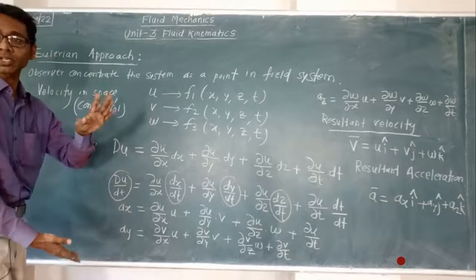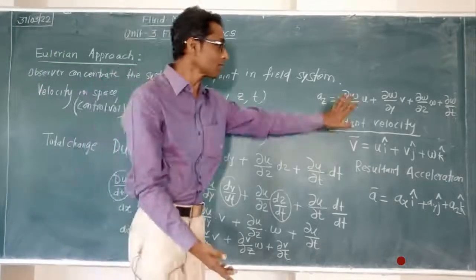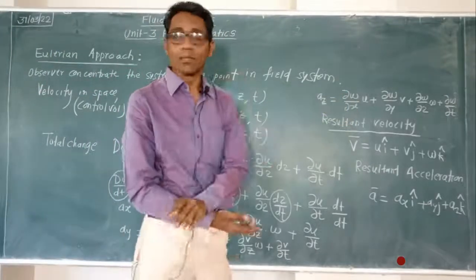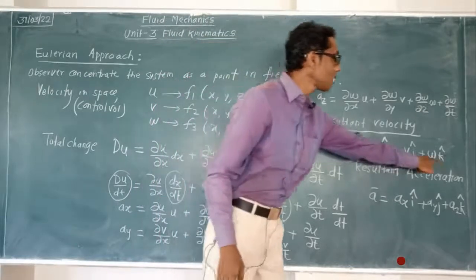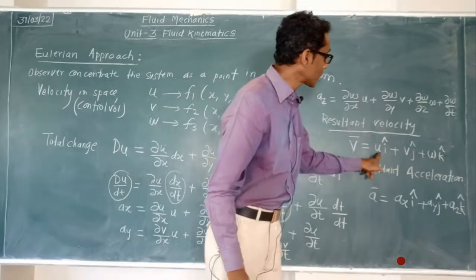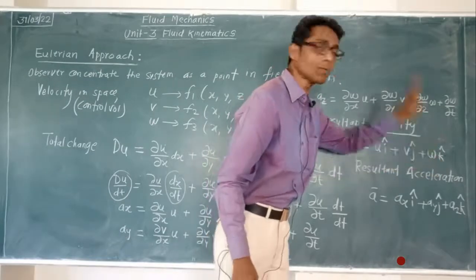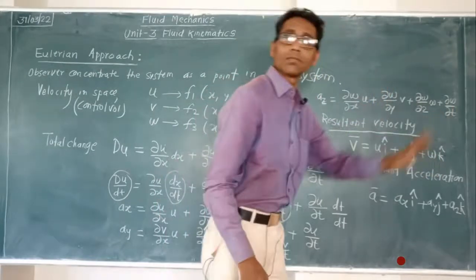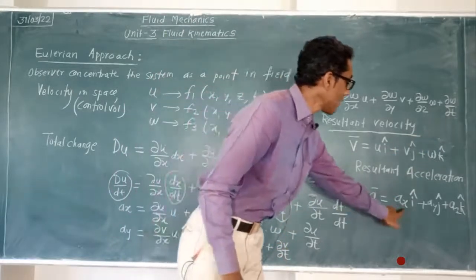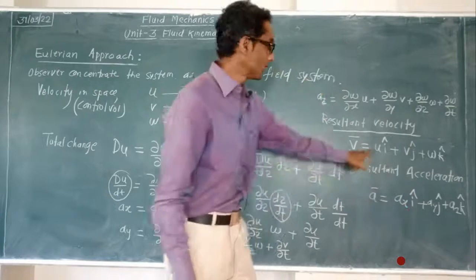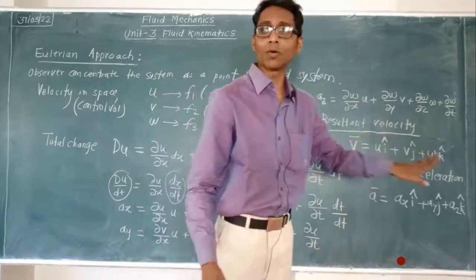Similarly for acceleration components, and in the resultant we use vector form. So v bar for the velocity. These are the scalar forms with respect to u velocity, v velocity, w velocity, i, j, k. And similarly for a bar, x, i, j, k. These are having hats above them.